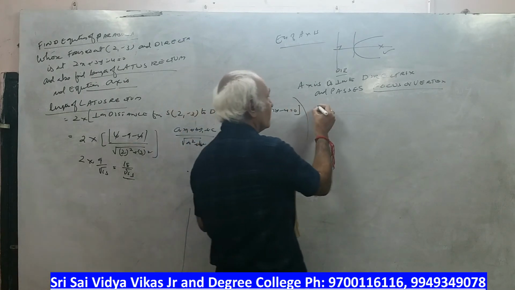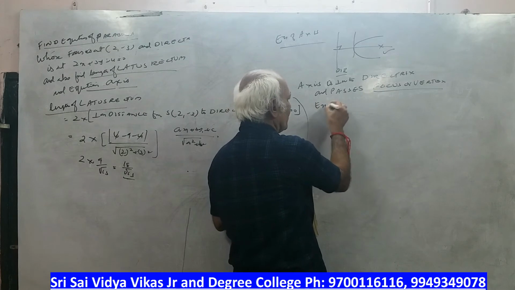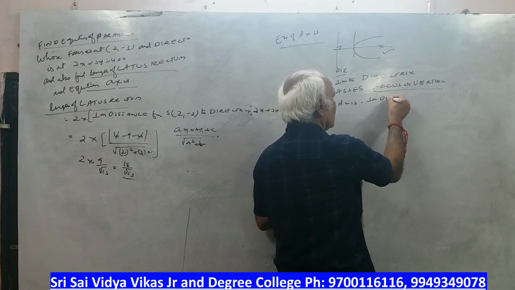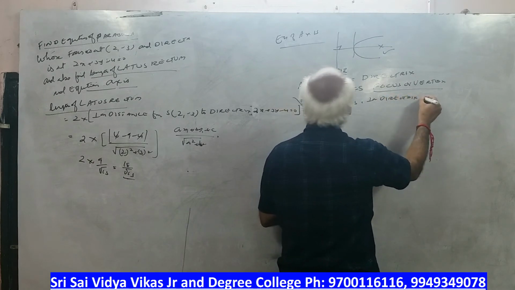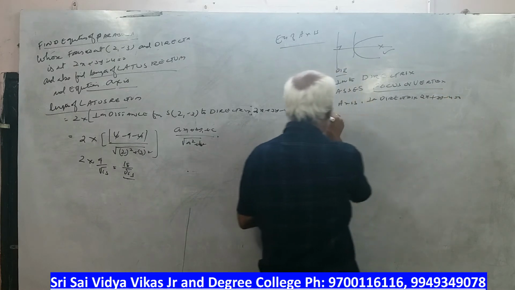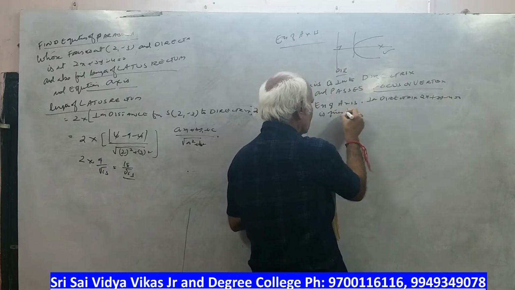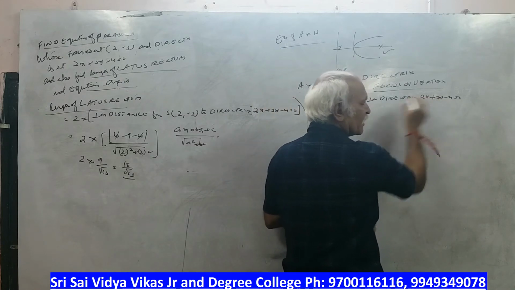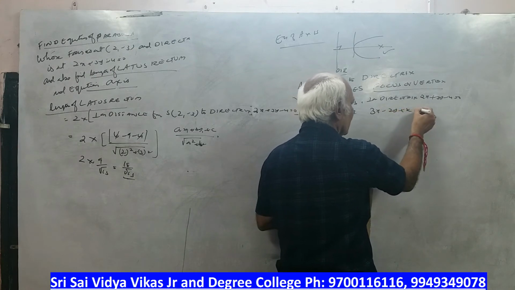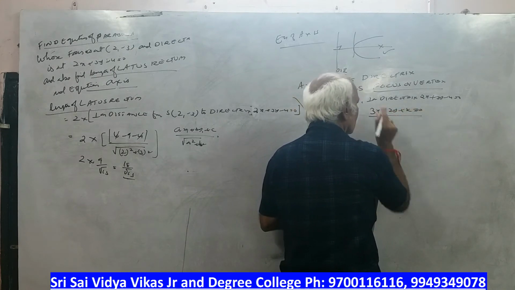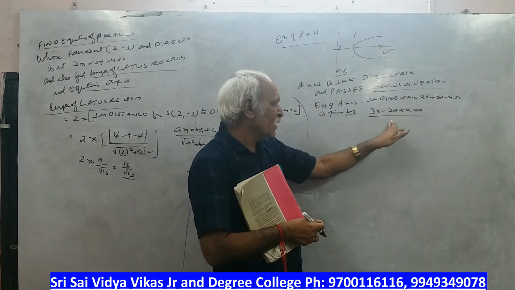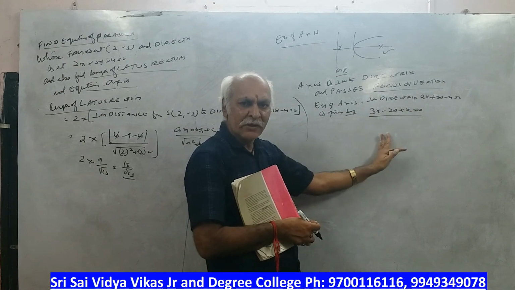We know the equation of the axis is perpendicular to the directrix. What is the directrix? 2x plus 3y minus 4 is equal to 0 is given. We know in perpendicular we have to interchange x and y coefficients and change the sign. So 3x minus 2y plus k is equal to 0. You know in first 1b we have learned the perpendicular equation: interchange x and y coefficients, change the sign.